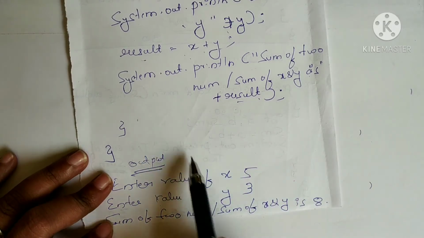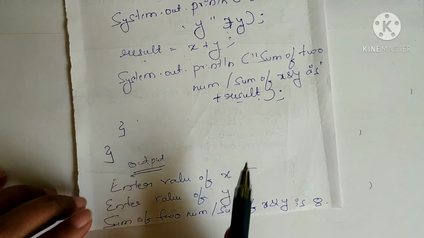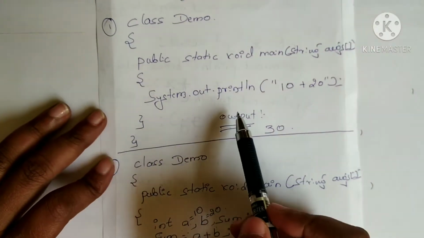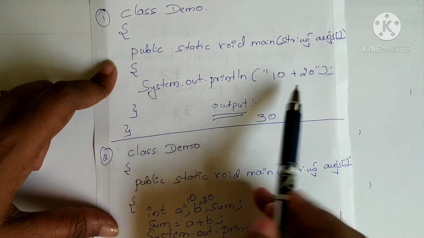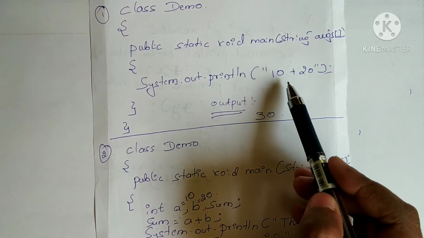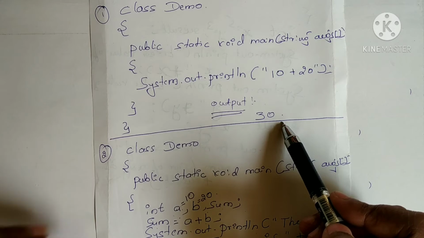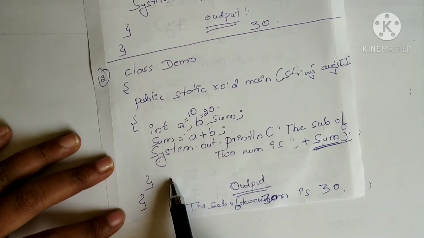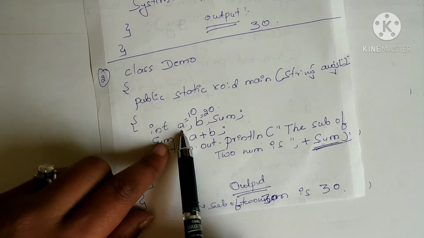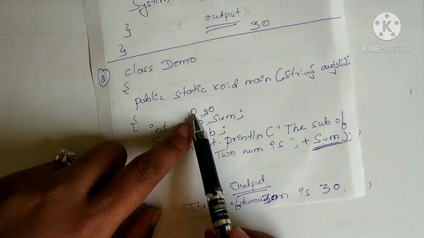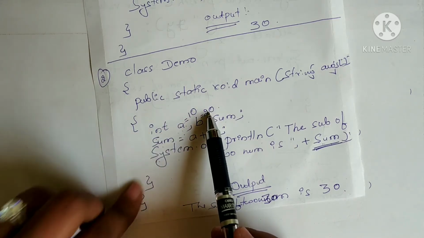This is also one way of writing an addition of two numbers program. First, in this we didn't use any variables. Directly we initialize the values 10 plus 20 here. The output is 30. But in this we initialize variables. For those variables we assign the values. A value is 10, b value is 20.